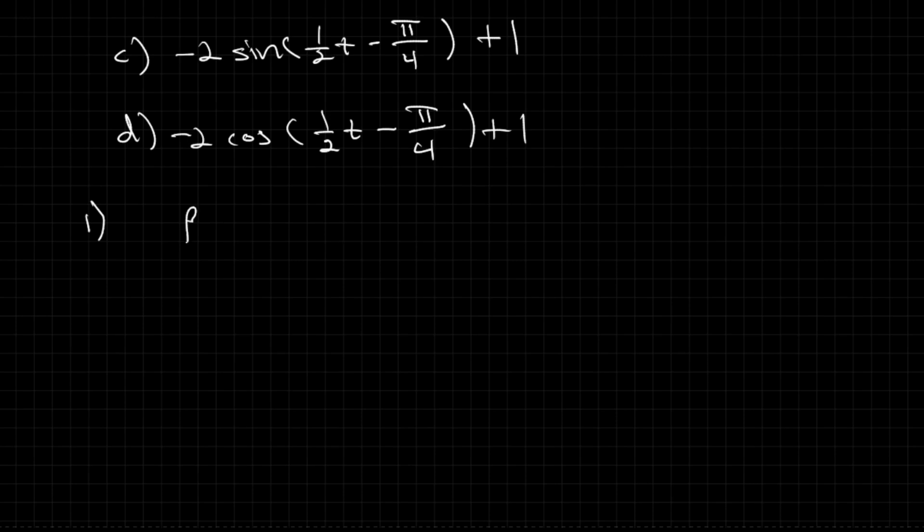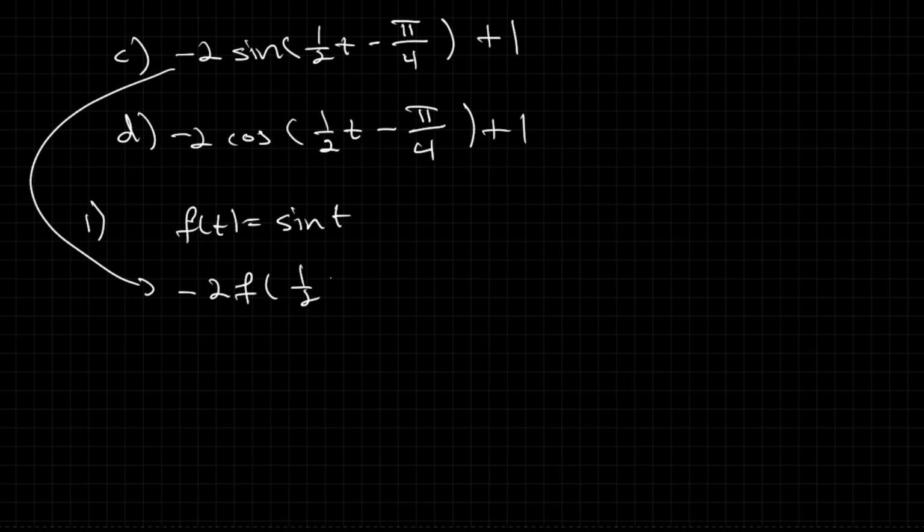If f of t is sine t, and you rewrite in terms of f of t, you get that this is negative 2 f of 1/2 t minus pi over 4 plus 1. We always know that we're going to factor out this 1/2, so it's in the form that allows us to write the shift last.